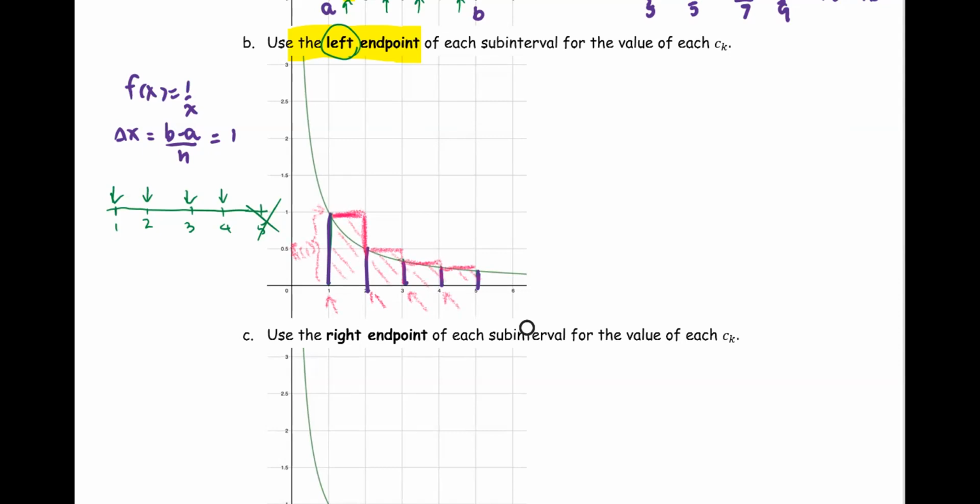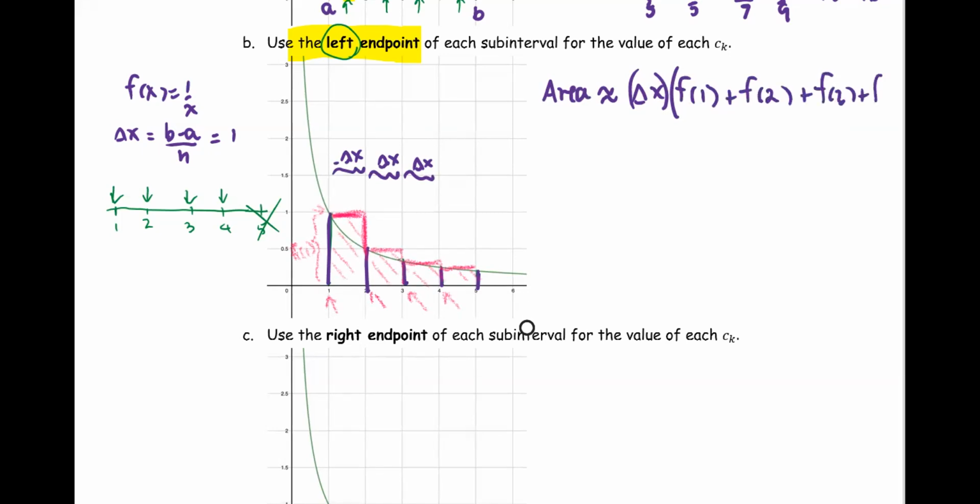And now your goal is to approximate the area. Approximate the delta x as the common width of each bar. Right, the delta x multiplied by the function at each left value. The function at 1, the function at 2, the function at 3, and the function at 4.